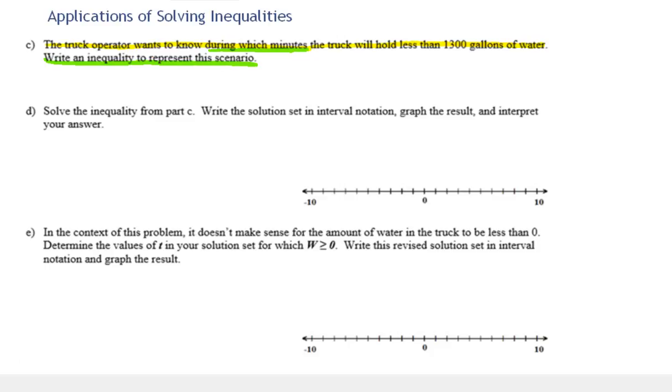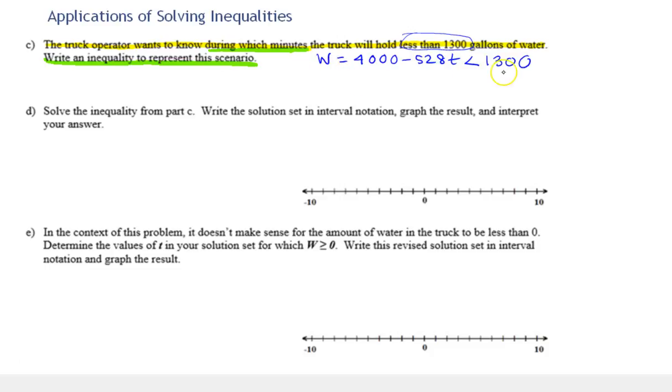So we made an equation, not an inequality, that said the amount of water in the truck is equal to 4,000 gallons minus 528 gallons per minute times the number of minutes the sprayer has been on. Okay, so this is an equation. Now we want an inequality that shows us when this water, which equals this expression, will be less than 1,300 gallons of water. So I'm going to put less than 1,300.